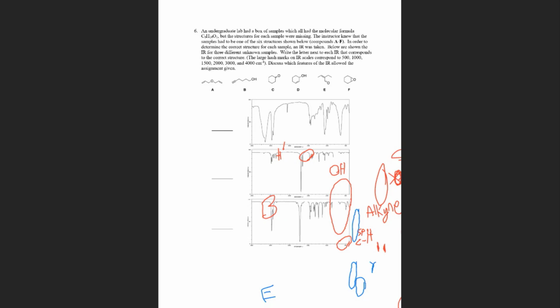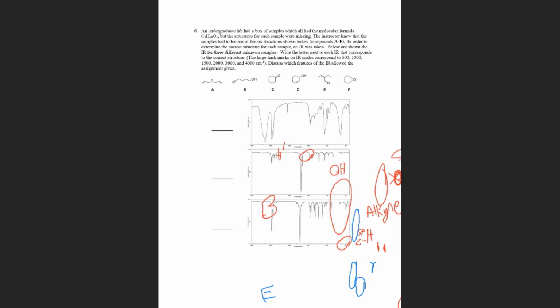C. Yeah, so we did eliminate E, but in the event that you were stuck and decided to move on to the next one, you could see that these are the only two carbonyl-containing compounds. And if we had to make a comparison between the aldehyde fang regions, we could clearly see that there are aldehyde fangs for the middle one, and there are not aldehyde fangs for the third spectrum.